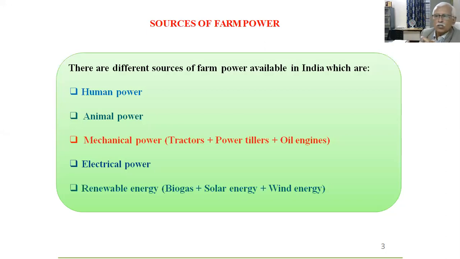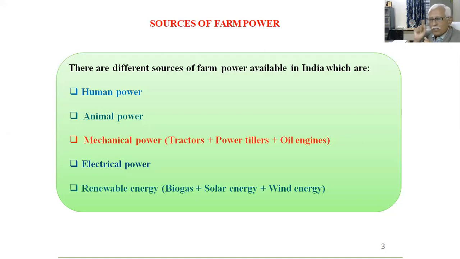Definitely that's going to help reduce the human intervention and increase the area you are able to till or work. Even for harvesting paddy, people take a small bunch and hit it on some surface so that they can remove the paddy grains from the stalk.